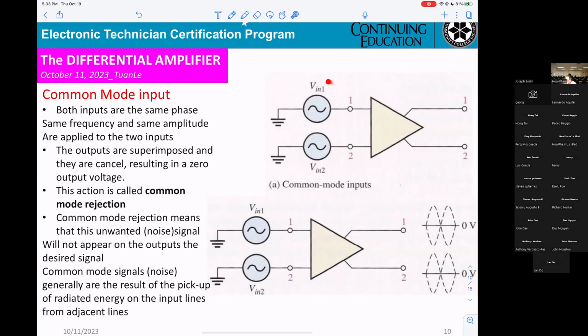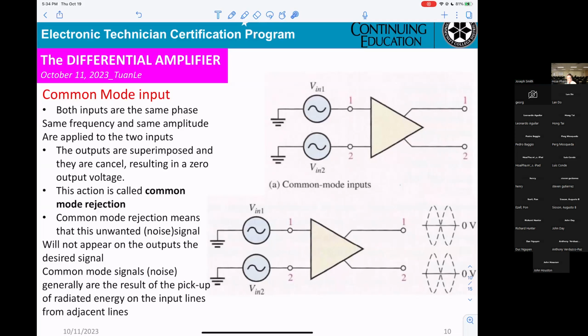This looks like the noise. It affects input 1 and input 2. That's why they're identical, and the purpose of the differential amplifier is to reject this signal. I'll give you an example. If you apply your voice into the differential amplifier, your voice will be around 10 microvolts RMS.